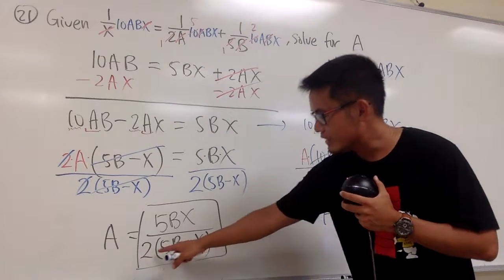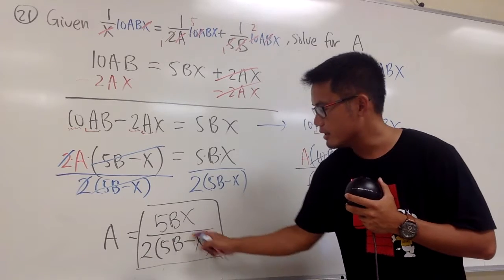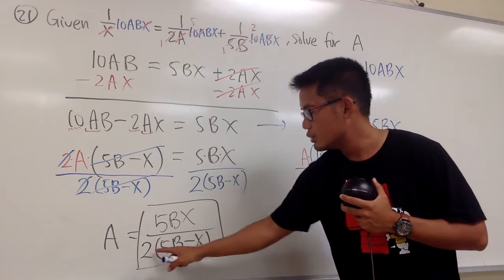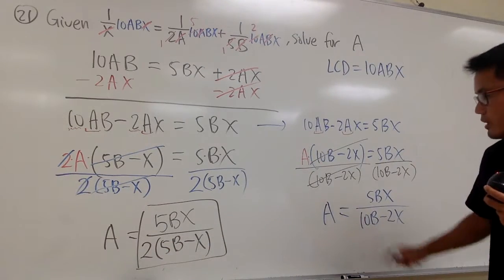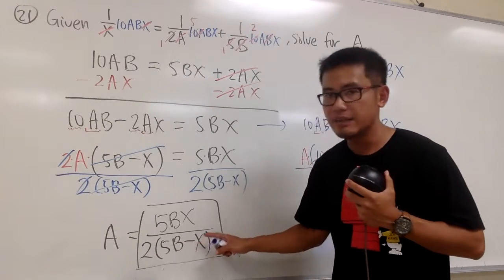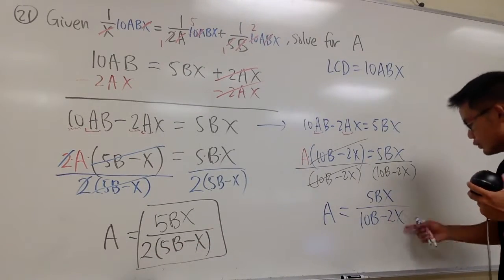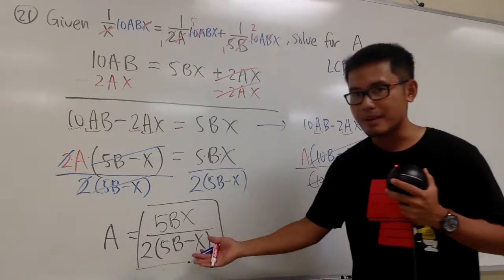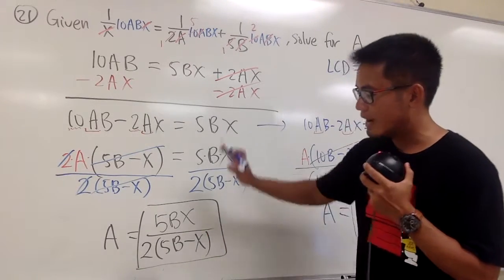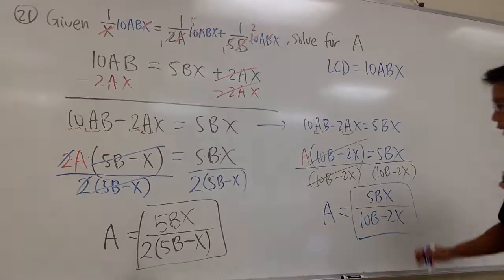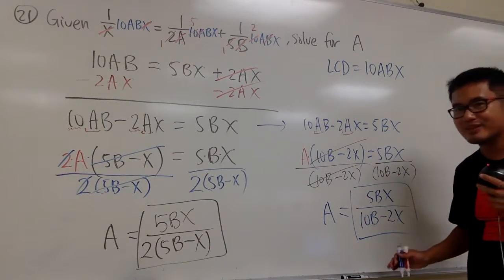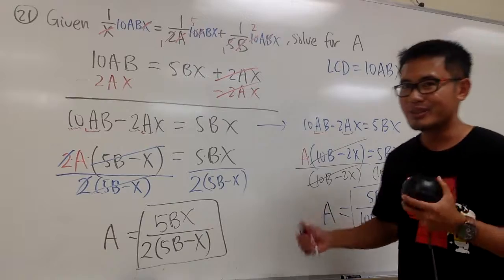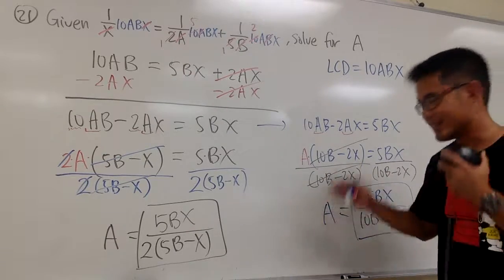Nothing much. Because if you take the 2 and multiply it into the parentheses, 2 times 5b, we get the 10b. And then 2 times negative x, we get the minus 2x. So they are exactly the same, depending on if you want to have the factored form or the expanded form for the answer. Either one is acceptable. Anyway, that's it.